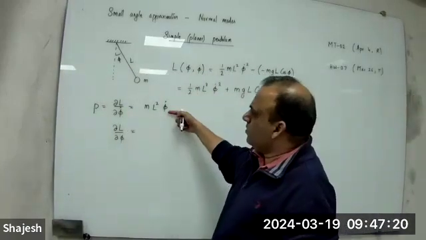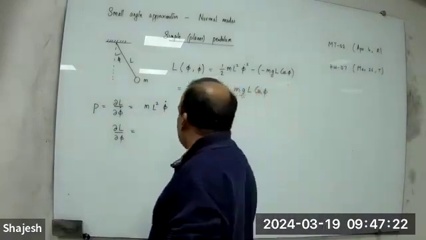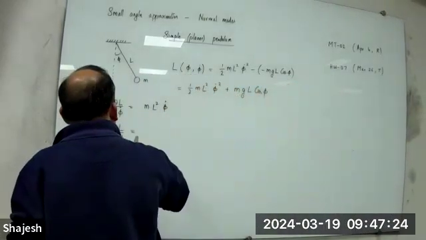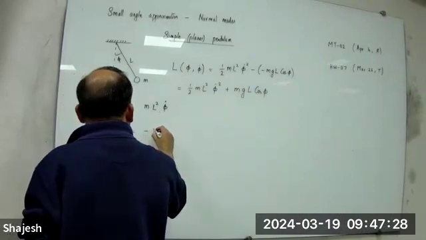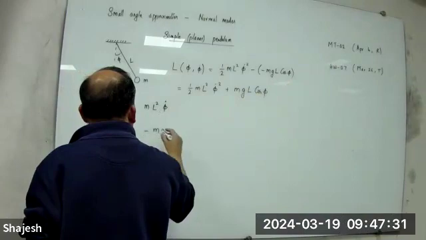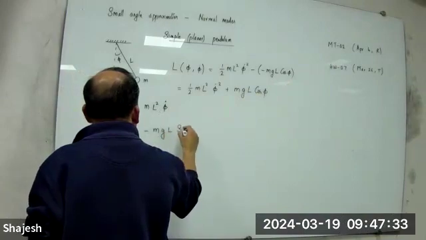This is the momentum. That's your generalized force. In this case, it is equal to minus mgL sine phi.